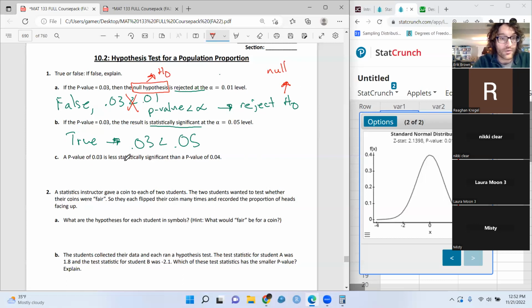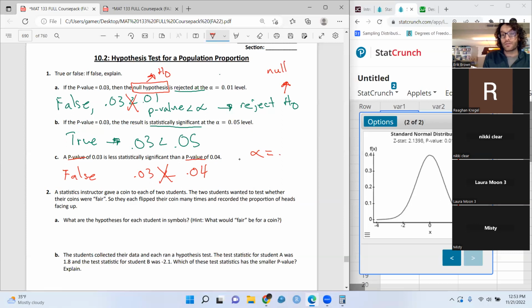A p-value of 0.03 is less statistically significant than a p-value of 0.04. True. This is a tricky one. No, notice, it's not. It's false. Right. We're comparing p-values, and the smaller the p-value, the more significant the result is, because the further away from the alpha we are. So yeah, it should be false. 0.03 is not less than 0.04, but be careful. These could both be not statistically significant.